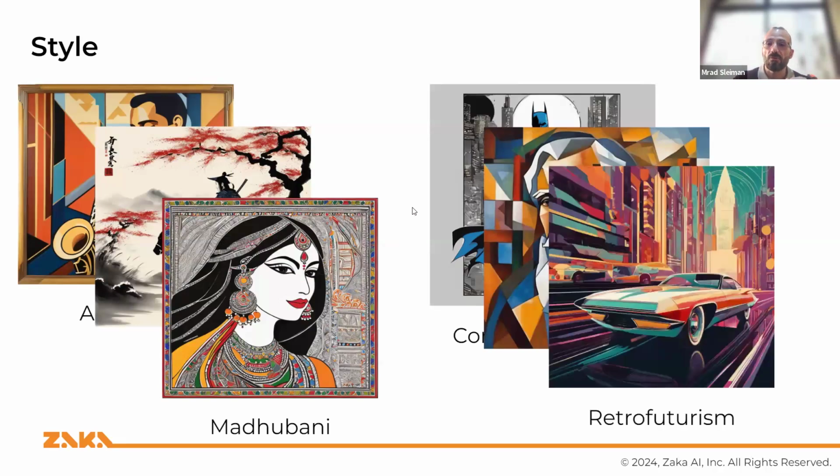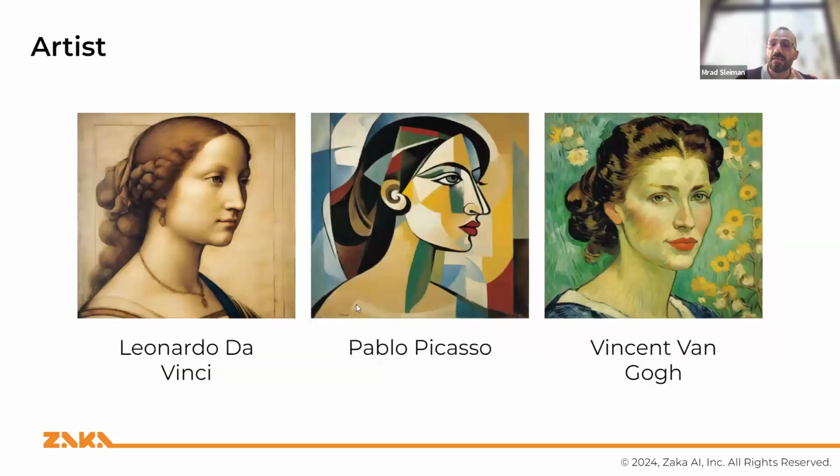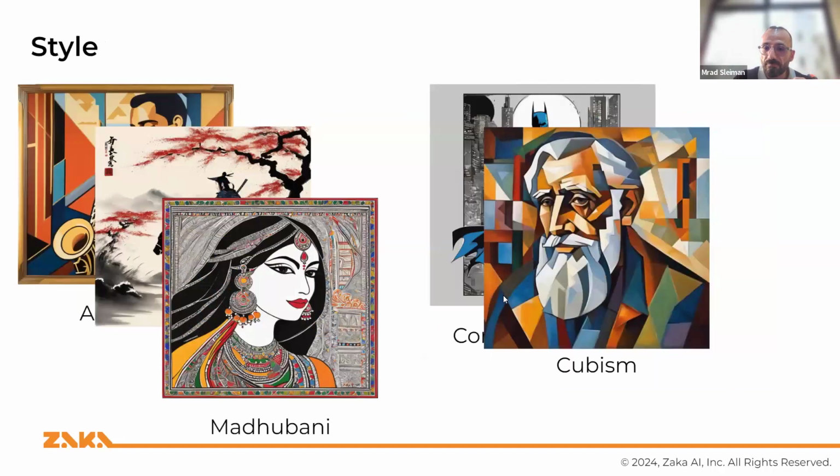You can use retro futurism. You can also specify the artist. You can say, generate a beautiful portrait of a woman in the style of maybe Leonardo da Vinci, maybe Pablo Picasso, maybe Vincent van Gogh. For example, Pablo Picasso's style is something similar to the cubism that we mentioned in the slide.